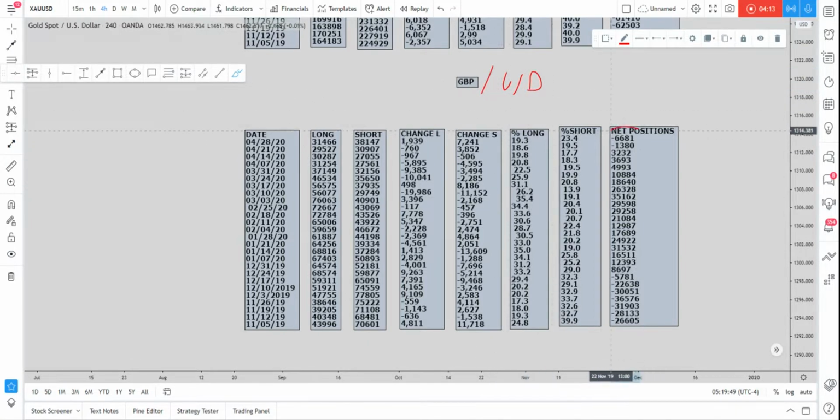And what we can see, net positions going negative from a massive 35K net positions all the way down to minus 6.6K net positions, bringing shorts more than longs, with 38K shorts and 31K long positions, and another 7.2K short positions added with the last report.